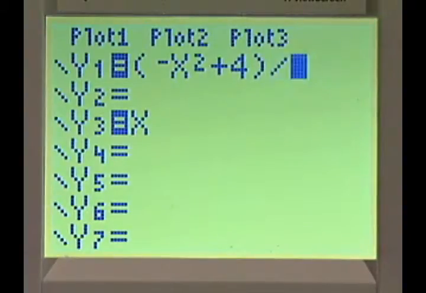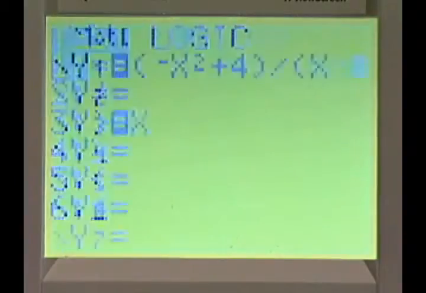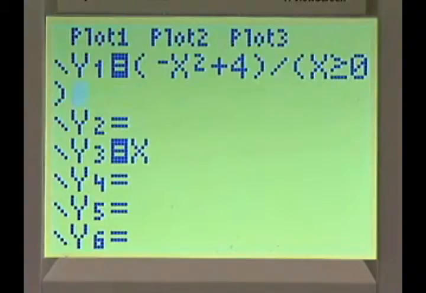If you use a division symbol, another set of parentheses, put in x, select test off the keypad, and I want to choose option 4, and then put in 0. In this way, the calculator will graph exactly negative x squared plus 4 only for x greater than or equal to 0.